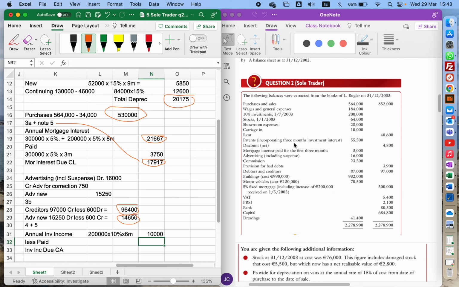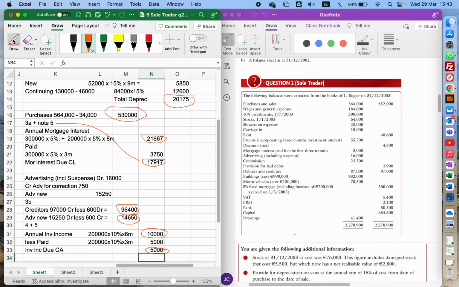So 3 months investment interest is going to be 200 grand times 10% times 3 months. That's half of this figure, so you get 5 grand. So investment income due is going to be 5 grand. That's my current asset. I'm going to put this into gains or other income. That's the investment income I should have received. And then this here is going to be a current liability, I'm going to deal with that.